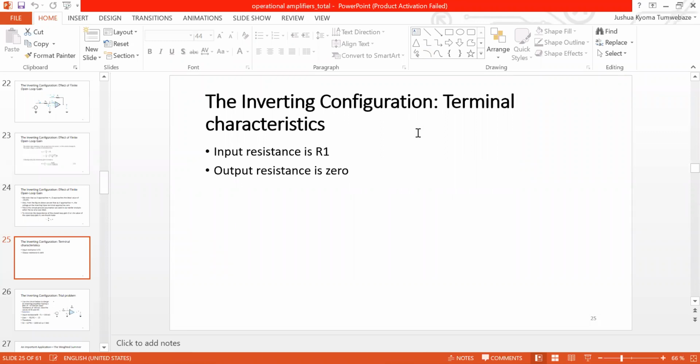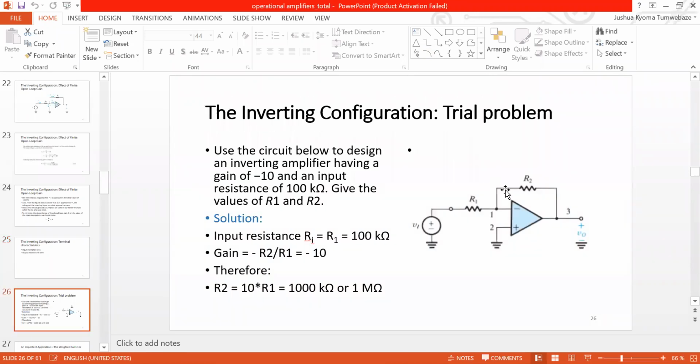You have to remember that for the terminal characteristics, your input resistance in this case is different from that of the op-amp, because now we are looking at it as an amplifier circuit block, which consists of R1, R2, the op-amp, and their connections.